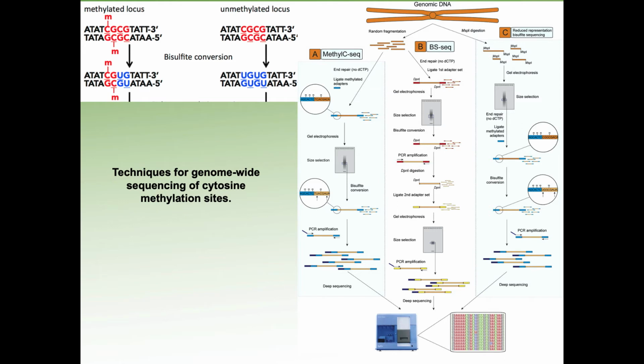And so in this way, we're able to target regions that are methylated versus regions that are not methylated. Because of that, we don't have to sequence the entire genome, but just the component that we believe has a signal of methylation. So it can be a way of doing a more targeted analysis.